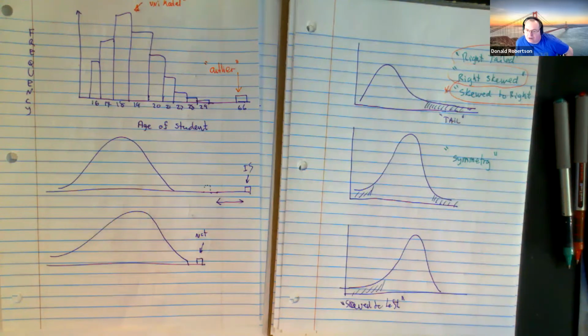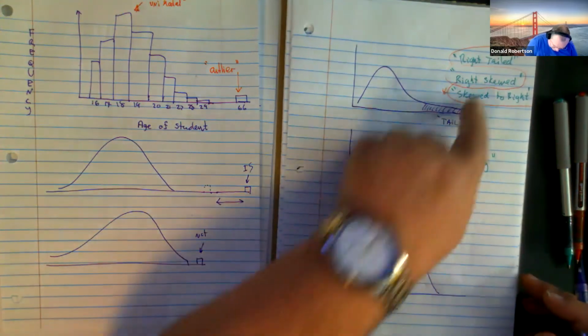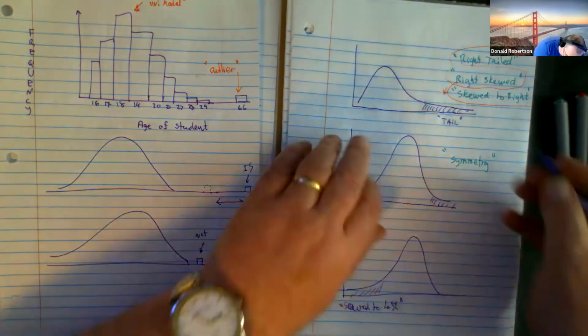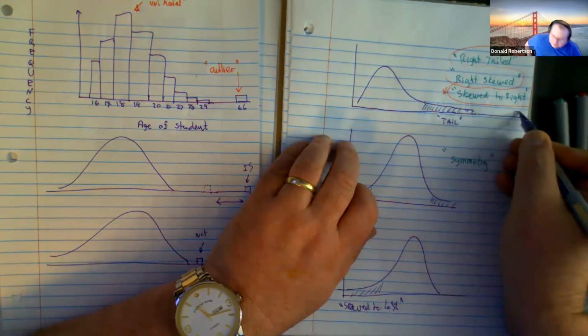Now, you can have a shape that is skewed left, skewed right, or symmetric, and at the same time, it's allowed to have an outlier. It's okay to mix and match them. Can you imagine that this data finished here and there's a little outlier on its own?